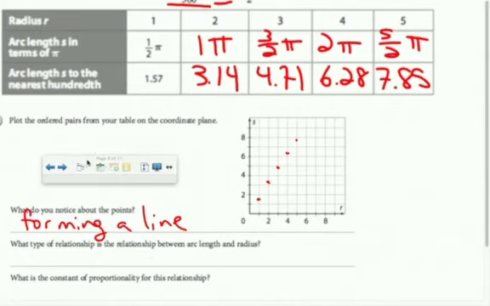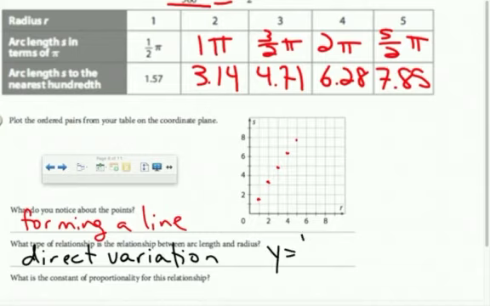And what type of relationship is the relationship between the arc length and radius? This is a direct variation. And I know this is a big throwback to Algebra 1, but in a direct variation, you have an equation y equals kx. And k is what we call the constant of proportionality, constant of variation.